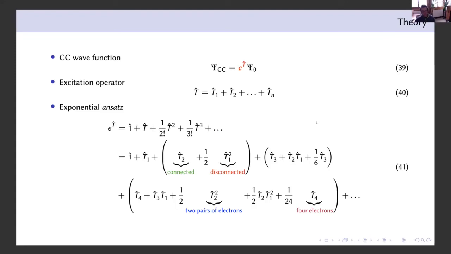Quickly, just to give you a few equations before talking about the algorithm. In coupled cluster, the specificity is that you exponentiate the wave operator T. It's an exponential of the excitation operator, which is a sum of T1, T2, up to Tn, where n is the number of electrons.